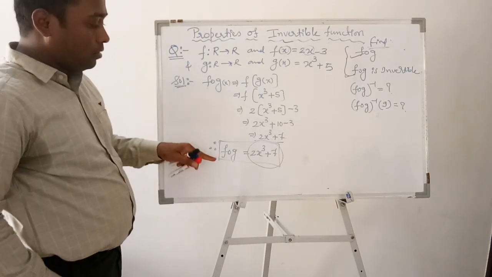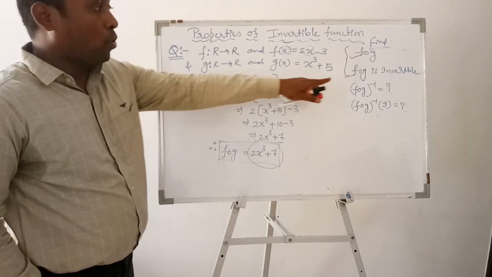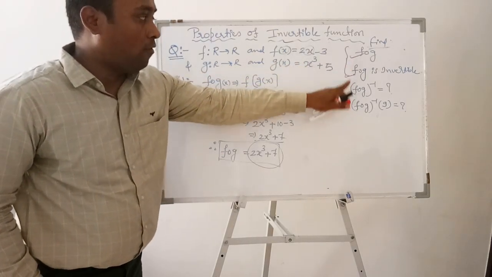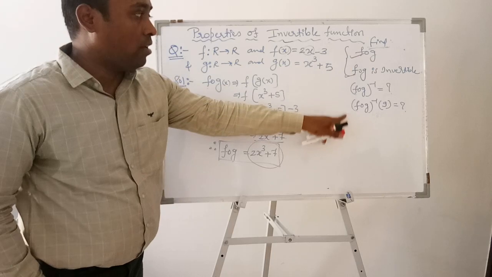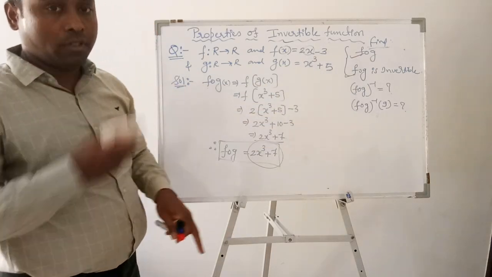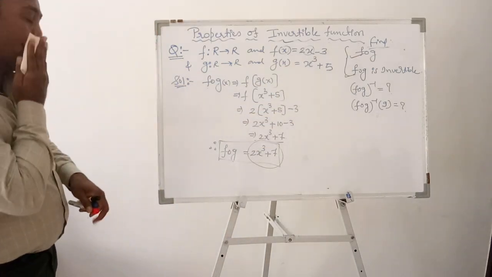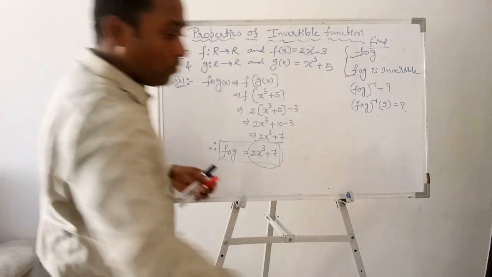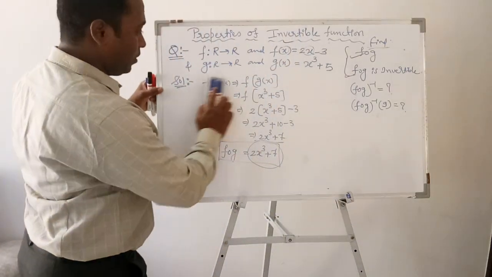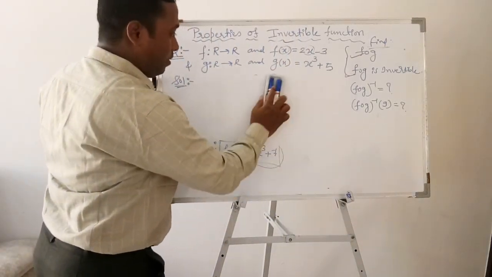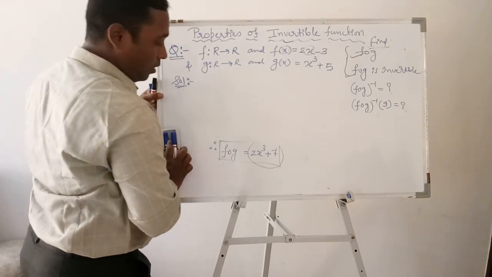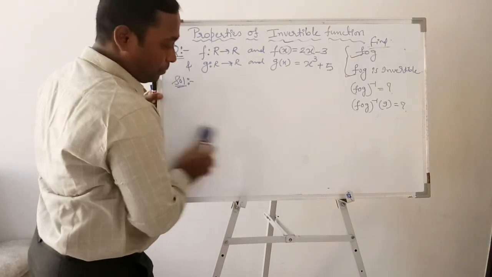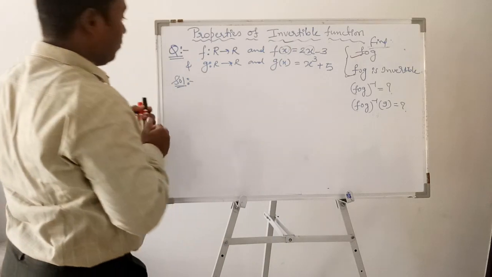So I am taking this result to prove the second one, because all these 4 parts are in a chain, interdependent, one after the other. Fine. I am just writing the final result here. What we got is 2x cube plus 7.